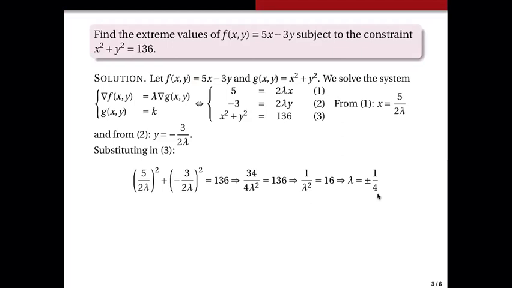Now, if we have lambda equals 1/4, then we replace that here. We'll get x equals 10, and here we will get y equals negative 6. So at this point, we have the point 10 comma negative 6.